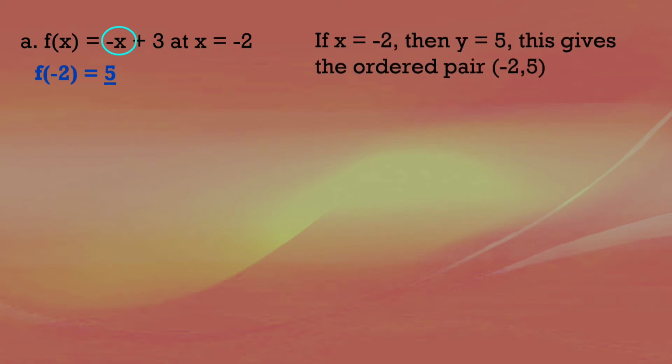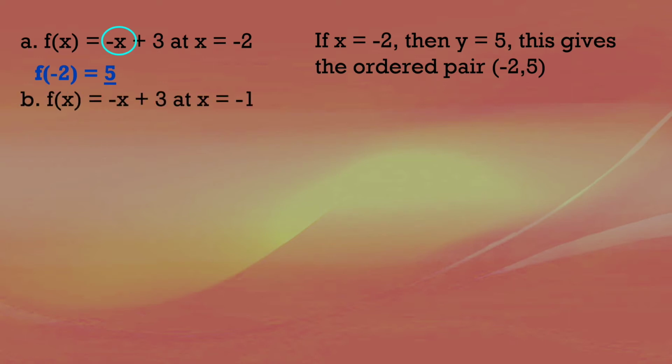So, this time, yung x natin dito ay negative. So, at x equals negative 2. So, alam naman natin na ang value ng function natin at negative 2 is equals to 5. So, if x equals negative 2, then y equals to 5. This gives the order pair negative 2, 5.